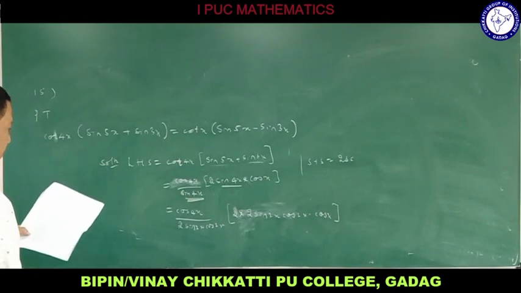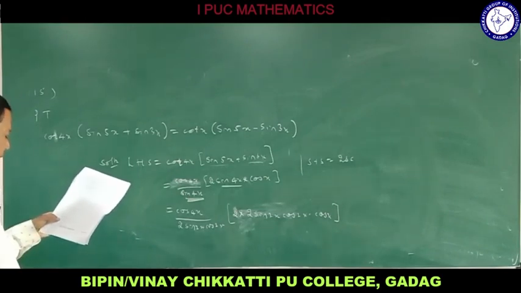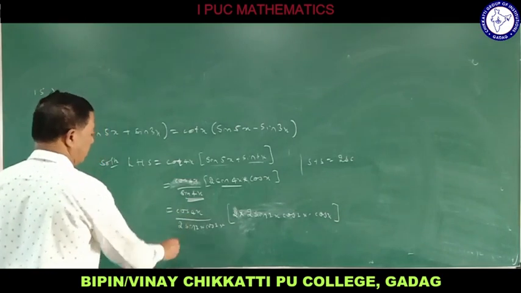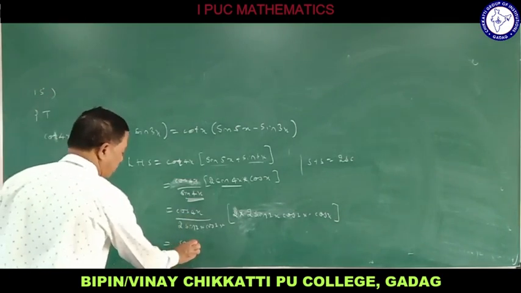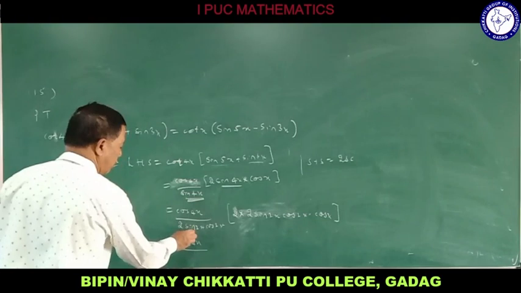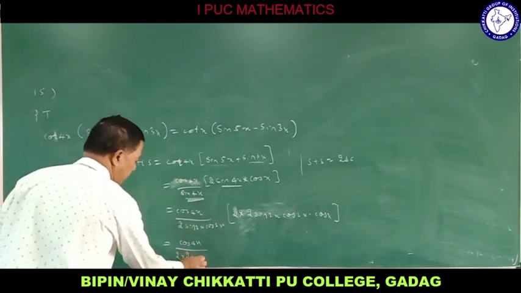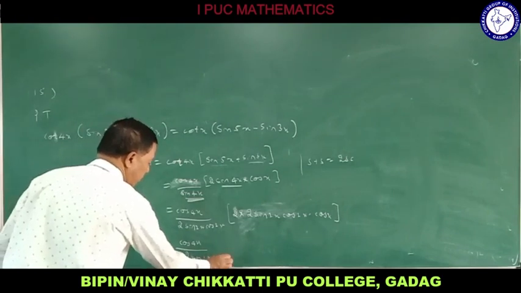Now when you go for 4 and that sin 2x, once again you write this cos 4x, and later on we see what comes. Sin 2x is nothing but 2 sin x cos x, into cos 2x.